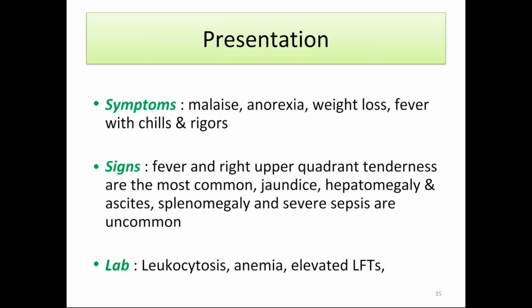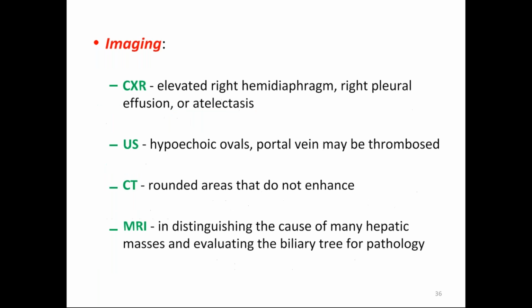And the other laboratory investigations are CBC, that is complete blood count. So you'll get a WBC done, and you can look for leukocytosis, anemia if present, or elevated LFTs. Because if there is jaundice, you should always suspect elevated liver enzymes.